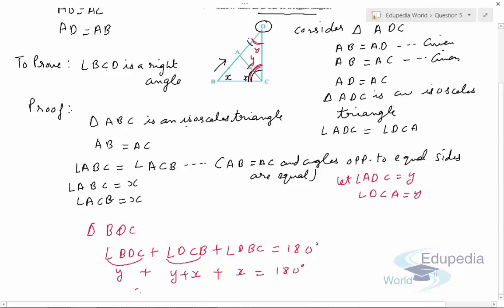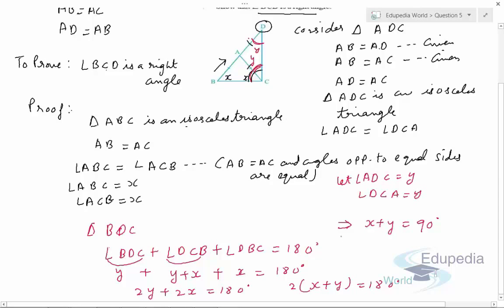So this comes out to be 2y plus 2x equals 180 degrees. We can take 2 common, so x plus y equals 90 degrees.